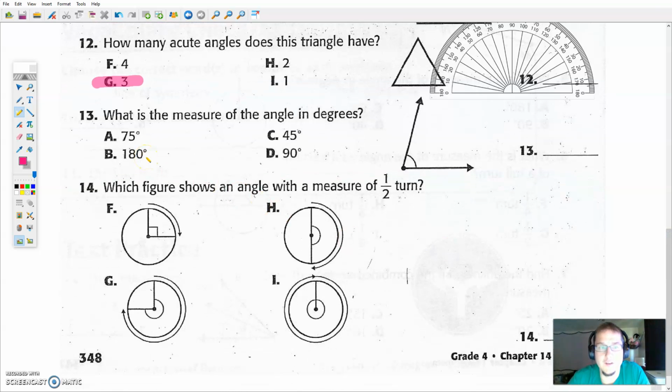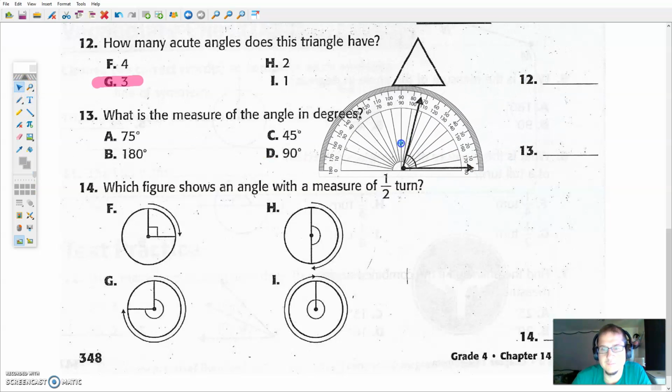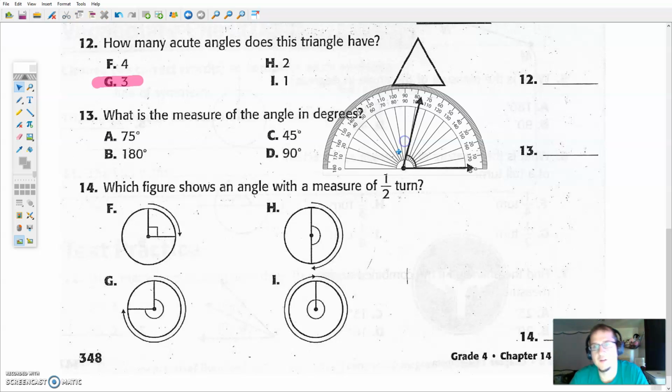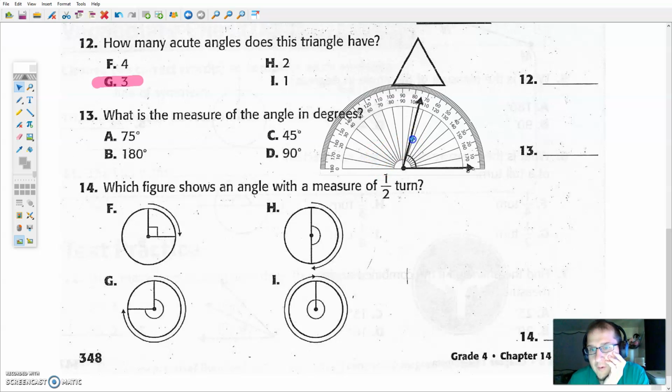What is the measure of this angle in degrees? So we'll bring this down. It comes along, comes out to the 0 here, and points at approximately, it looks like, well, my paper might be a little skewed from when I scanned it, but the only one that it's even close to is 75 degrees.